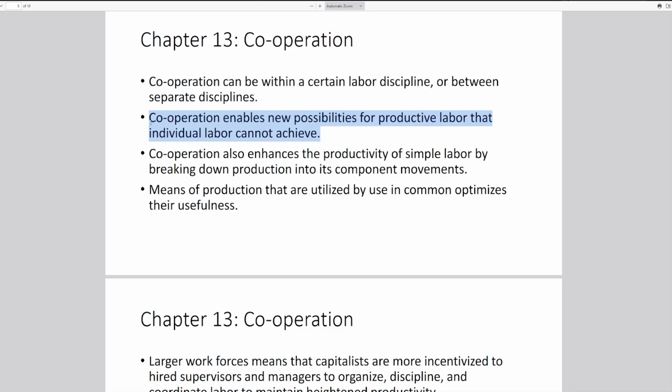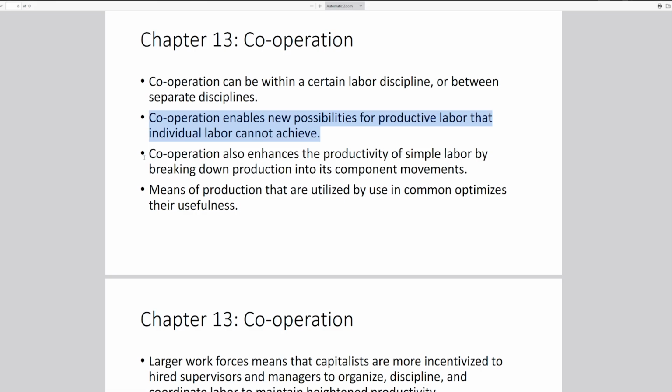It doesn't typically happen, but one person would have a very hard time picking up a car by themselves. But if you got 10 people, I'm pretty sure they could pick up a car and move it around without too much stress. So again, just some simple examples of how combining and cooperating with your labor can achieve a lot more than just one person on their own.